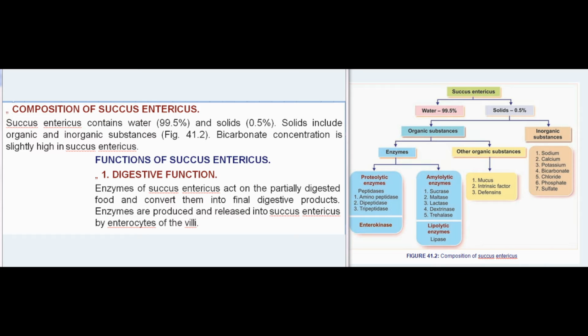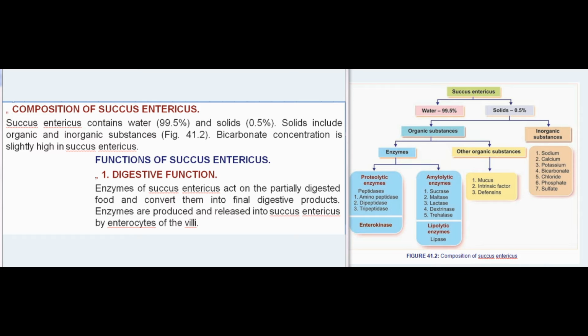Solids include organic and inorganic substances, Fig 41.2. Bicarbonate concentration is slightly high in Succus Entericus. Functions of Succus Entericus. 1. Digestive function. Enzymes of Succus Entericus act on the partially digested food and convert them into final digestive products.